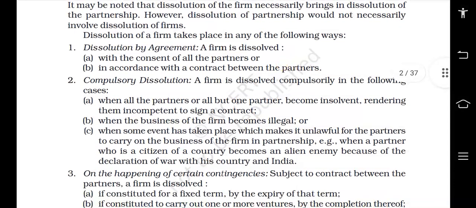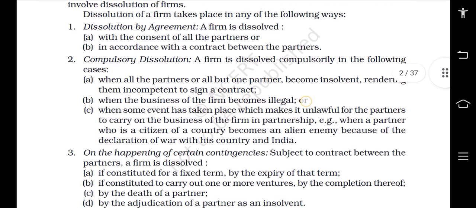Another one is compulsory dissolution. The firm has to dissolve compulsorily when this situation arises. See, first one, when all partners or all but one partner become insolvent, very important. An insolvent is a person who is unable to pay his debts, rendering him incompetent to sign a contract.